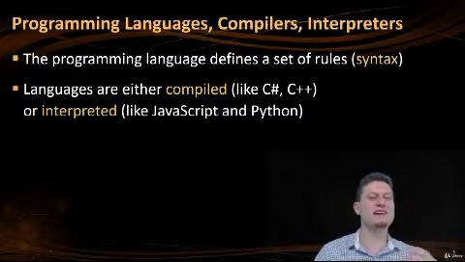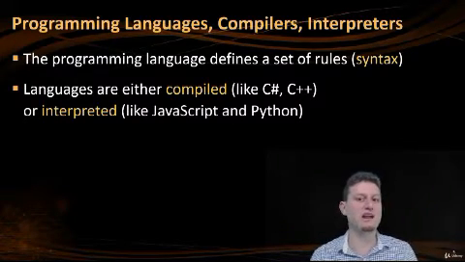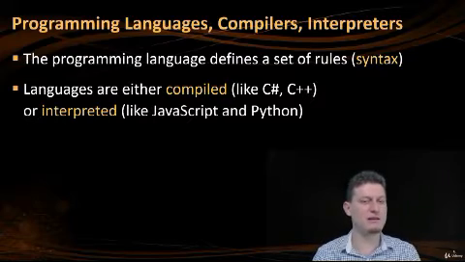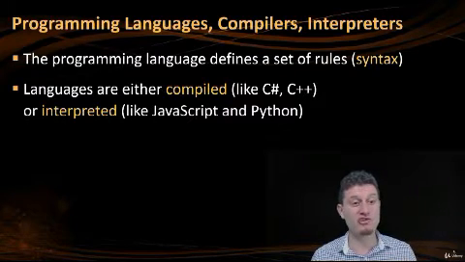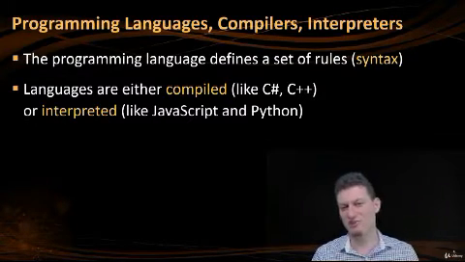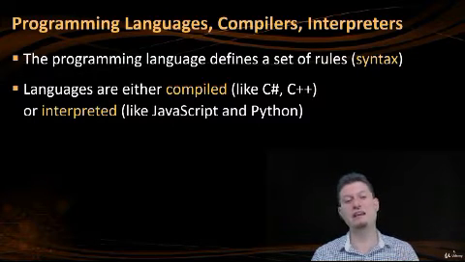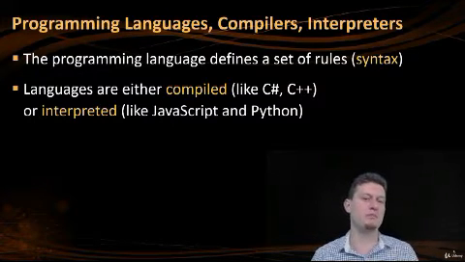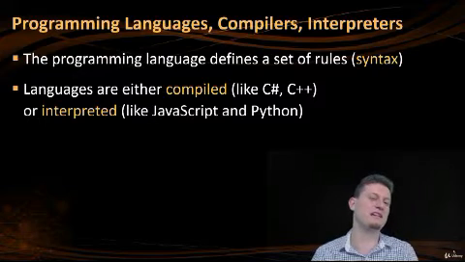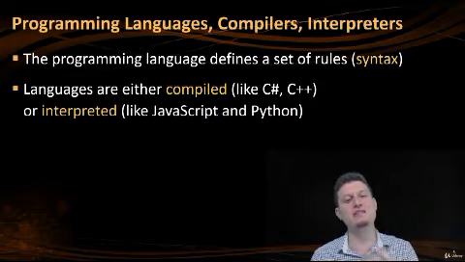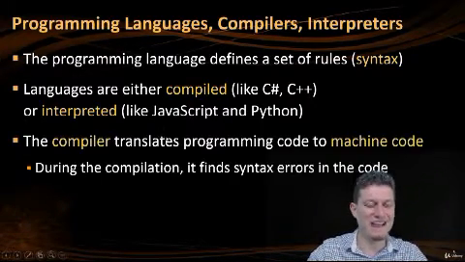So languages are either compiled, like C#, C++, C, Pascal, and many other languages, or interpreted, which means that they are directly executed, like JavaScript, Python, and TypeScript, and many other scripting languages.